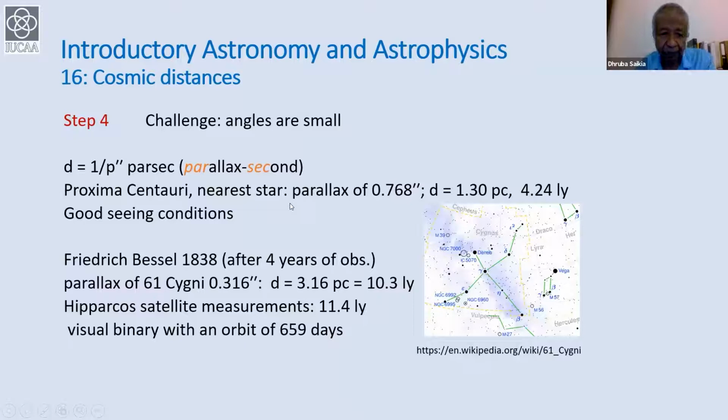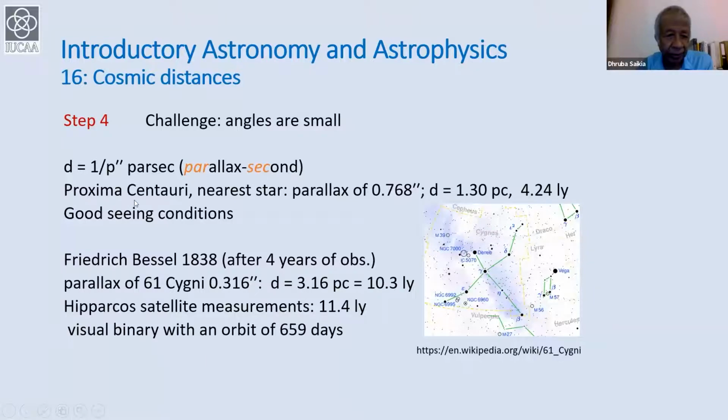Okay, it's part of the Alpha Centauri complex, and the parallax over there is less than an arc second, 0.768 arc second. And you remember we talked about typical seeing conditions on a good site is about 0.4 arc seconds or so. But this parallax puts it at a distance of 1.30 parsec, and that is 4.24 light years.